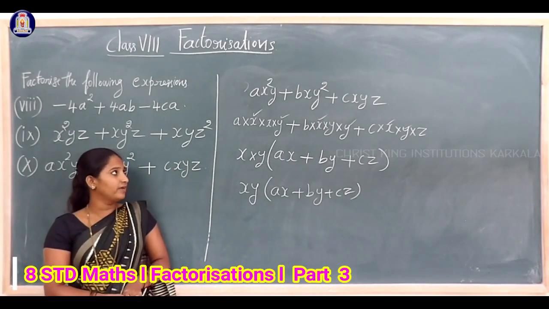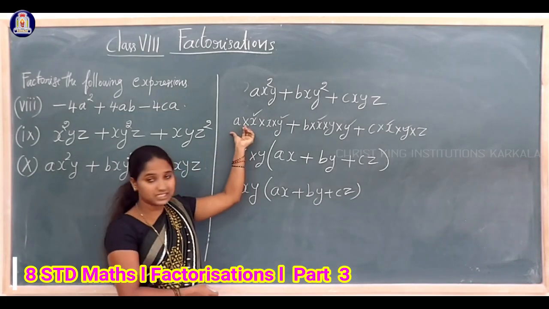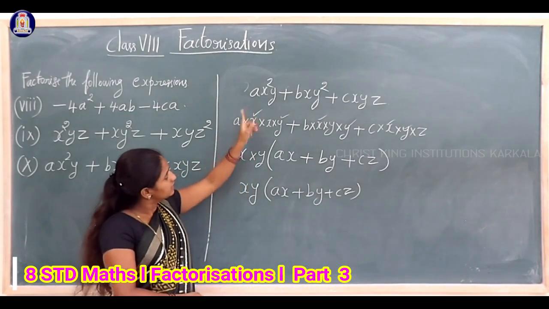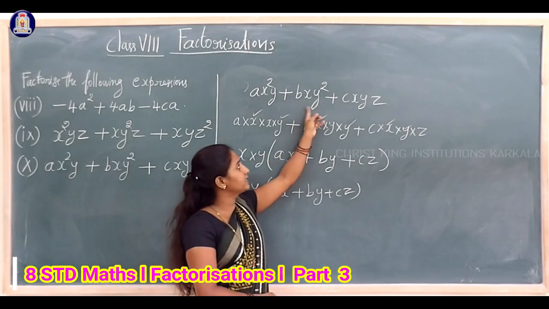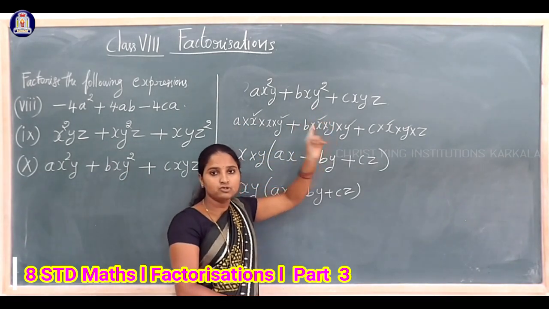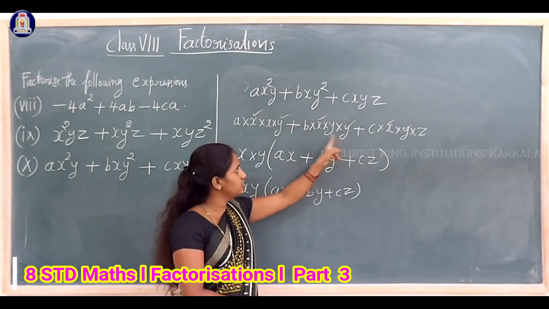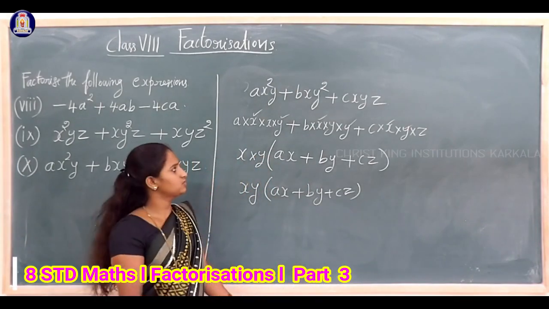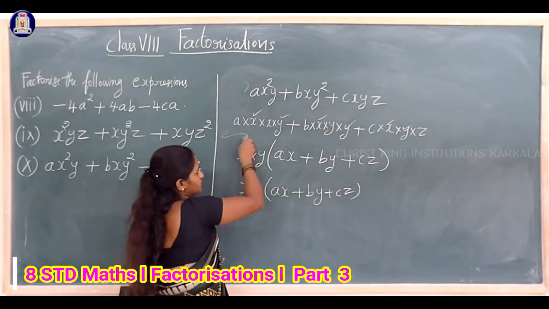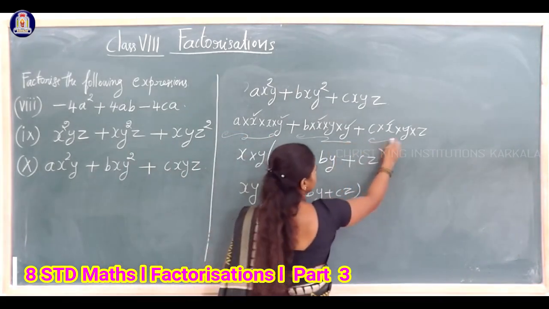Clear? How to factorize? First you have to split and write a x y as a into x into y, and b x y square. y square means y into y, so write y into y, and c into x into y into z. Clear? So in these three terms, this is one factor, second factor and third factor.